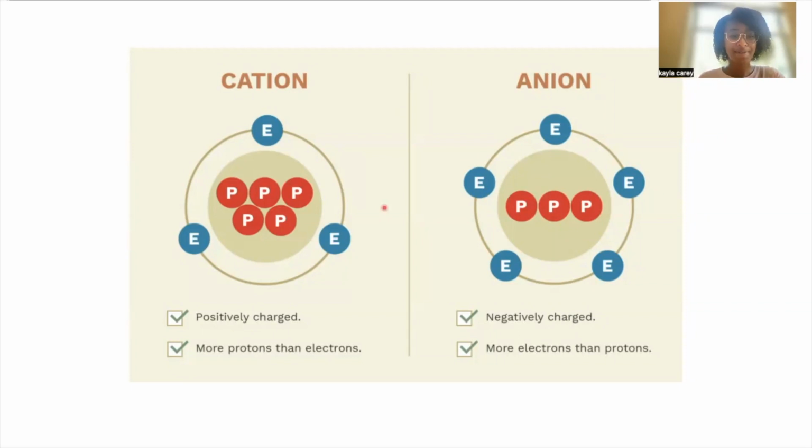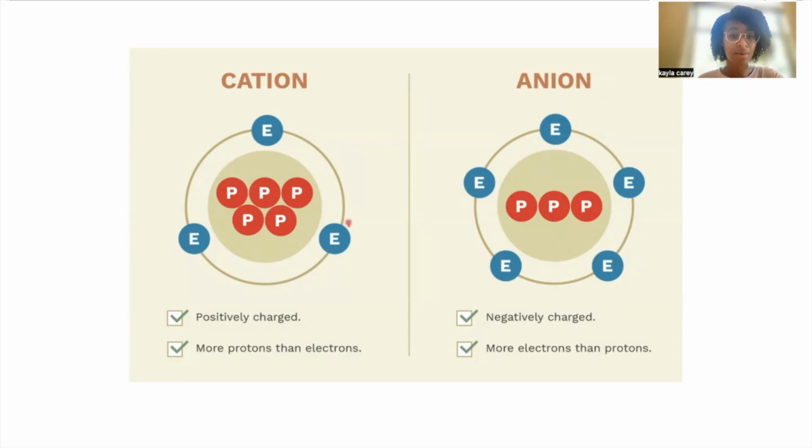A neutral atom is an atom that has the same number of protons as electrons. If you take away electrons, then it's going to be more positive. And if you get more electrons, it's going to be more negative. So for example, in this example, we have 5 protons, but only 3 electrons.